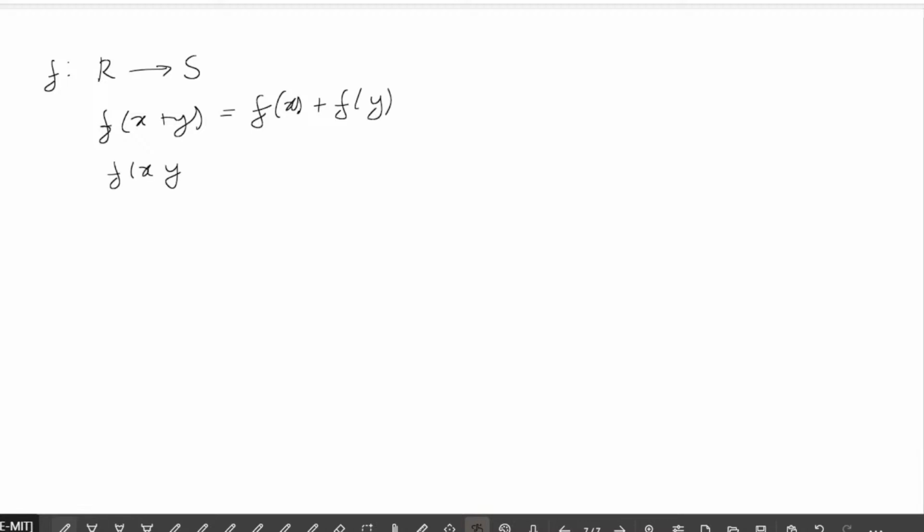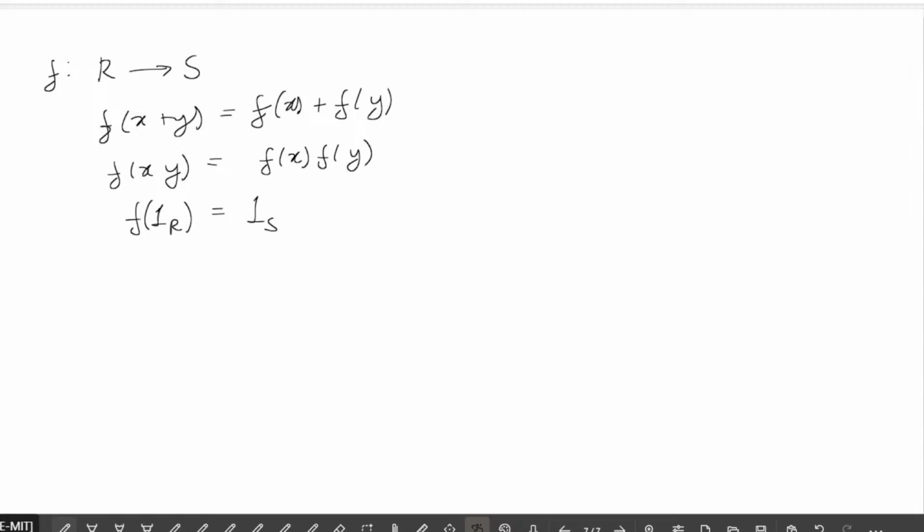Guess what the unwritten quantifications are? This is any such function is a ring homomorphism.